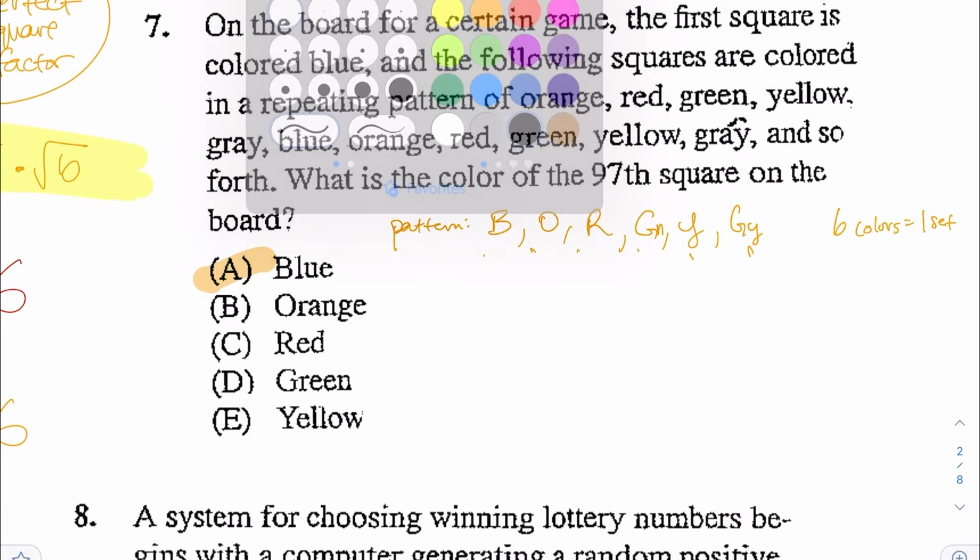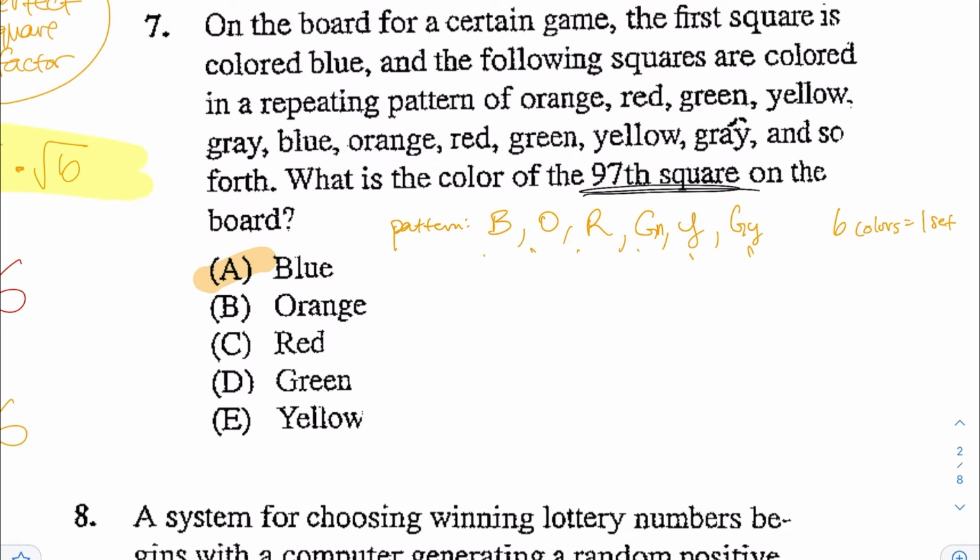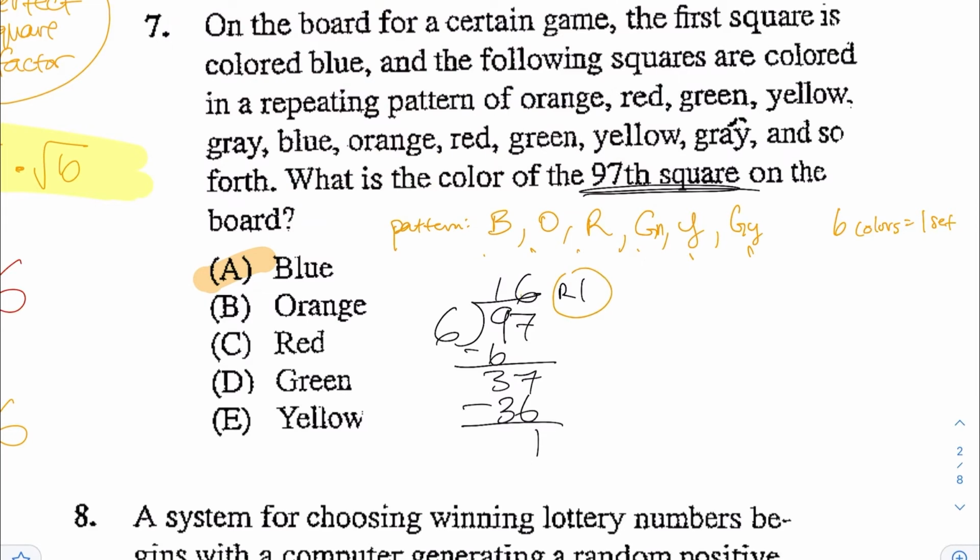So what you want to do, you don't want to count all the way up to 97. If you do 97 divided by 6, you get 16 remainder 1. And here we actually care about the remainder. The 16 means that you have 16 sets of 6.